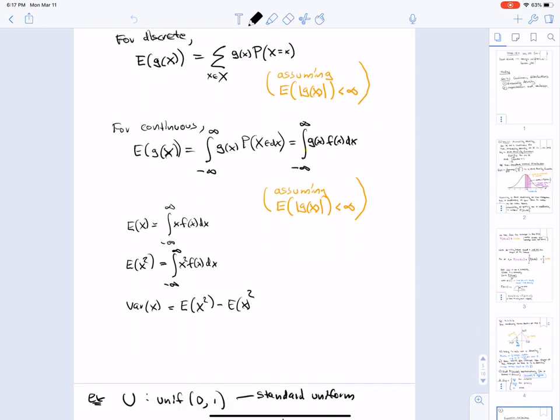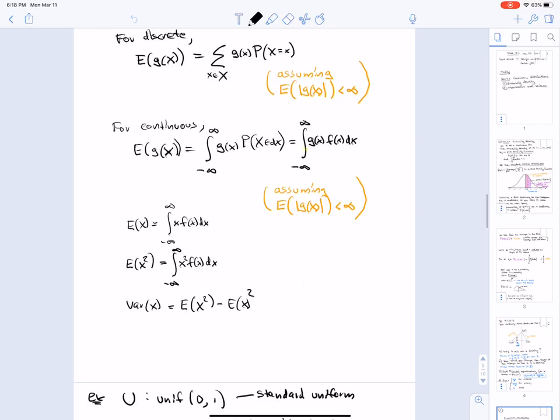So, for example, expectation of x and expectation of x squared then follow these formulas, and the variance of x can then be determined from our usual second moment minus the first moment squared.